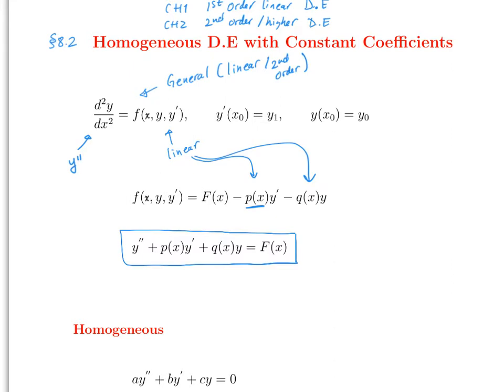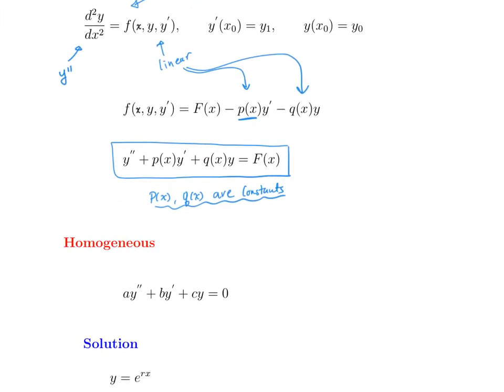Actually, for most of this chapter, we're going to assume that p of x and q of x are actually constants. So they will not even depend on x. And the first case we're going to do is where the value for f of x is equal to 0.